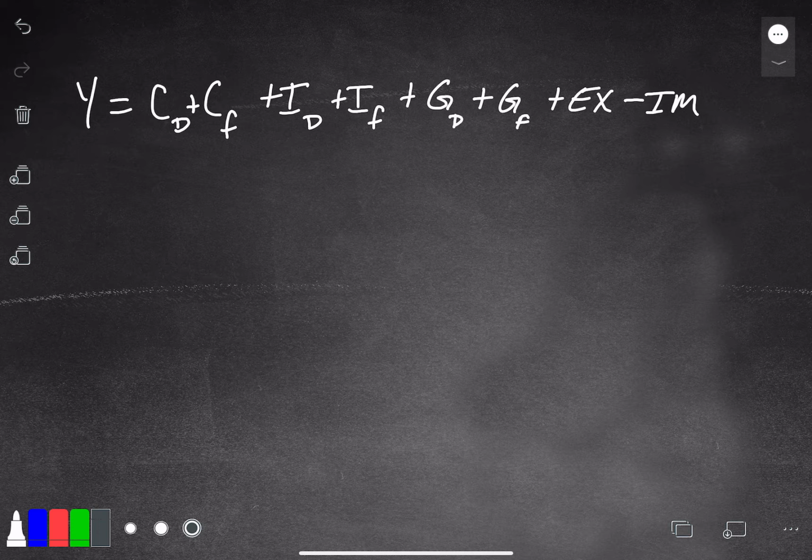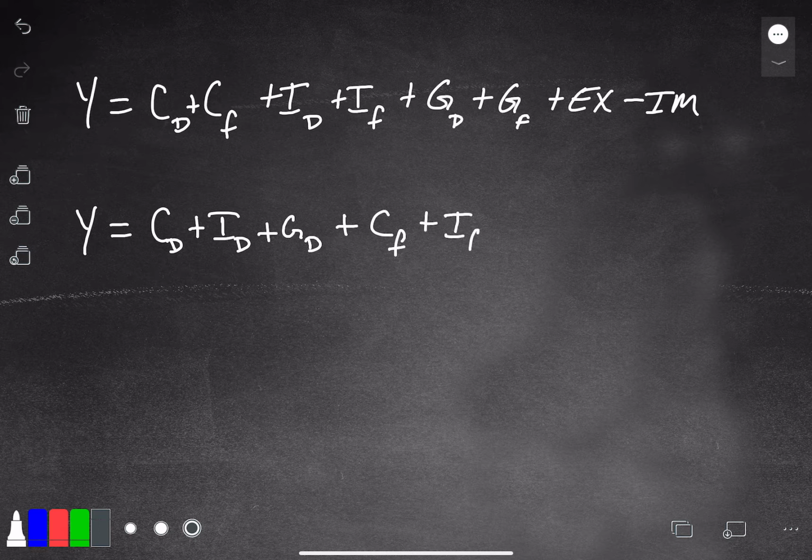And let's just separate the domestic and the foreign variables, rearranging these sums. So Y is equal to CD plus ID plus GD plus CF plus IF plus GF plus exports minus imports. Okay, so that looks hairy, but check this out.